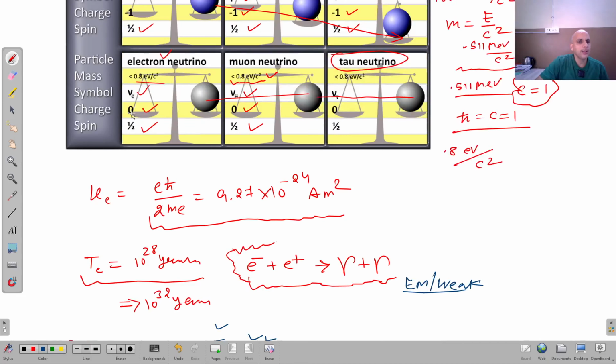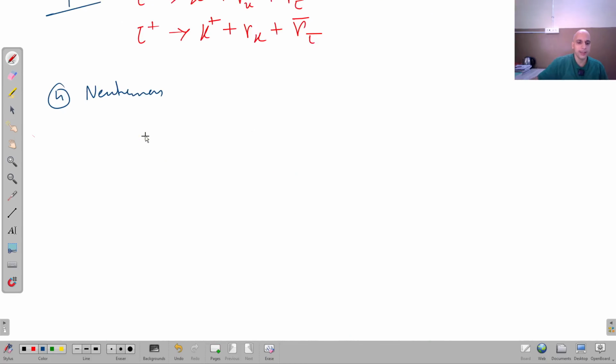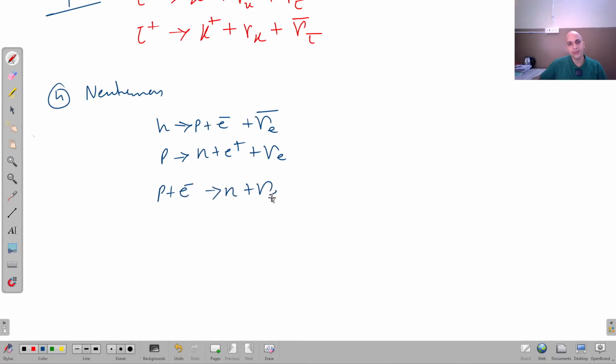You can see here their charge is 0, their spin is half integral, and these particles are basically produced inside the atomic nucleus when a neutron converts into proton plus electron plus anti-neutrino associated with the electron. Otherwise we can have a reaction where proton converts into neutron plus positron plus neutrino associated with the electron, or even electron capture, proton plus electron, that will give you neutron plus neutrino. So this is the way of production of these neutrino particles.